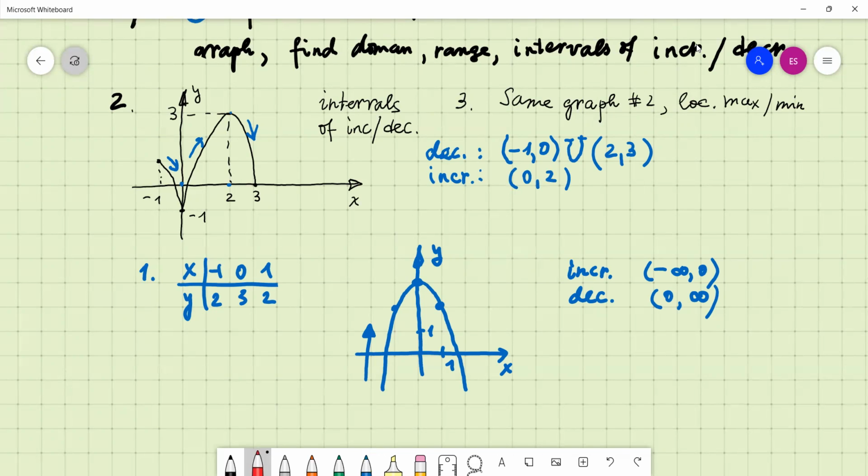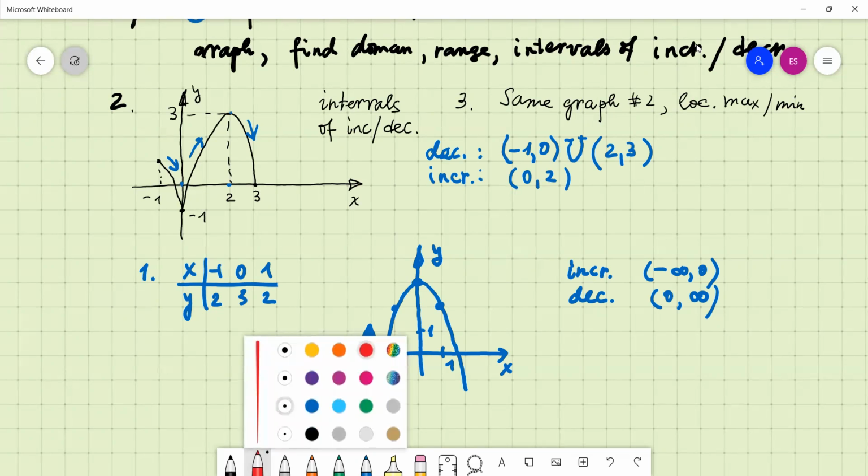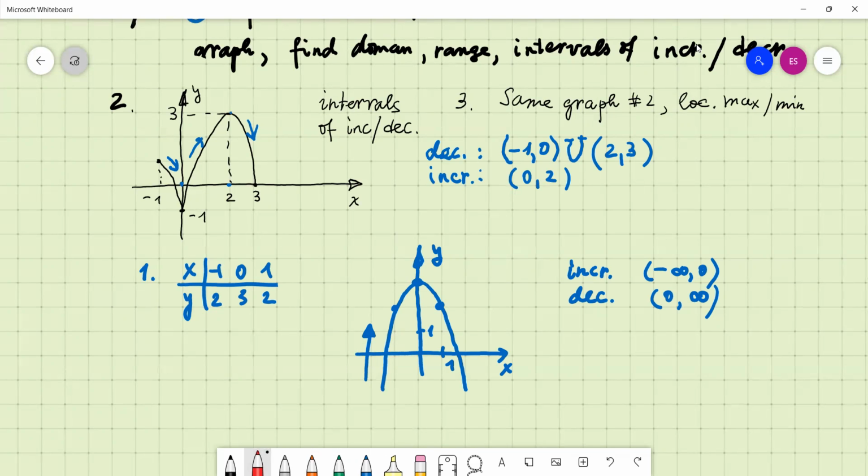Okay, good. Now we want to do local minima and maxima. So what are local minima and maxima? Well, I see that the function has a smallest point over here, right? So you can write down that local minimum f of 0 equals -1. And local maximum, let's look at the picture. The local maximum is over here, right? You can write down f of 2 equals 3.